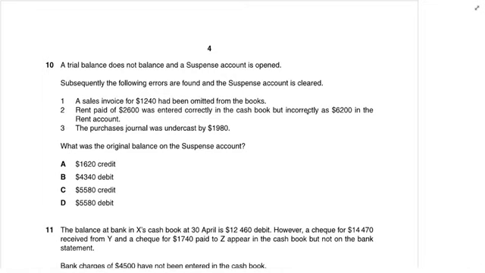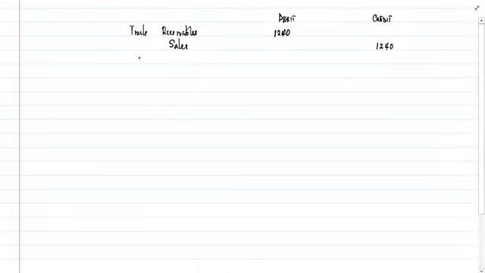It's overstated by 3,600, so we need to reduce the amount debited to rent, so we credit our rent, and therefore we debit our suspense. So debit suspense, credit rent 3,600.